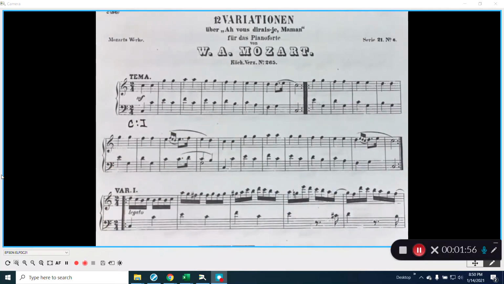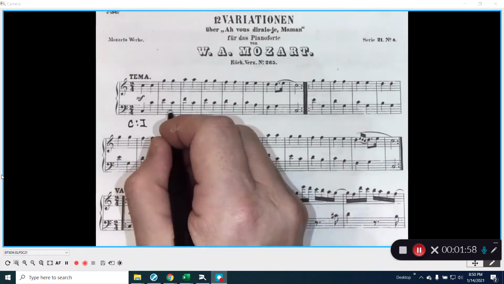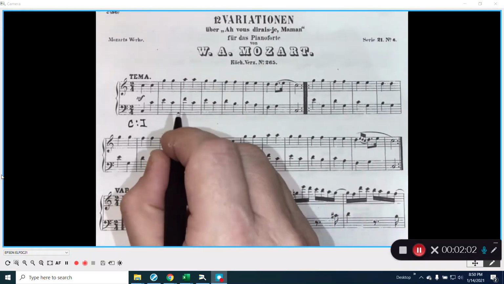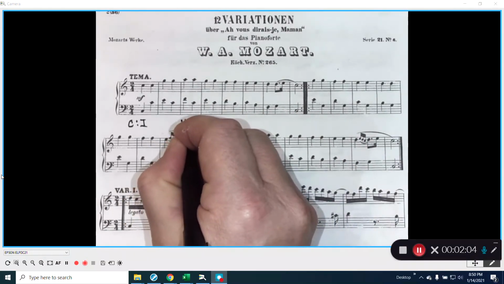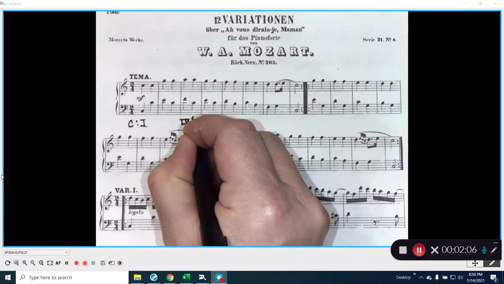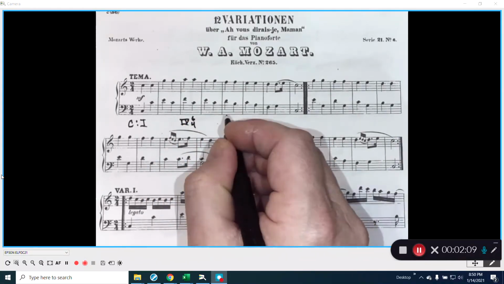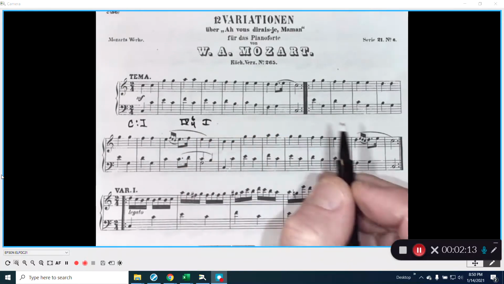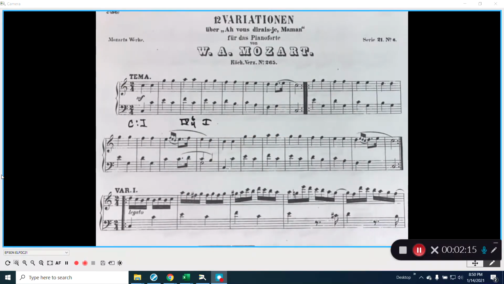So he sets the theme to a very diatonic collection of chords. One of our uses of 6/4 as a pedal progression. Remember, there are 4 uses of 6/4 chords.